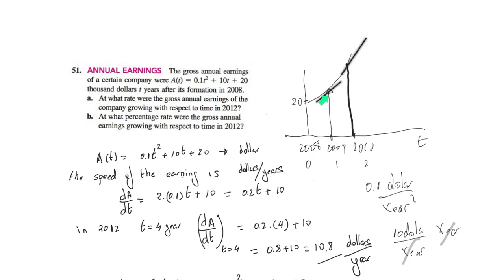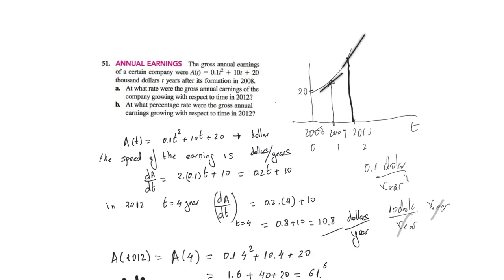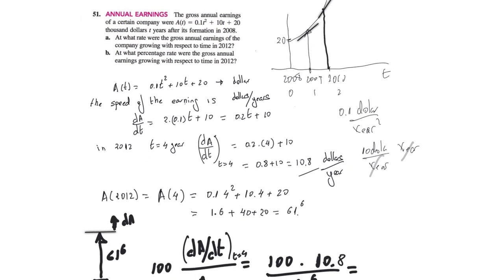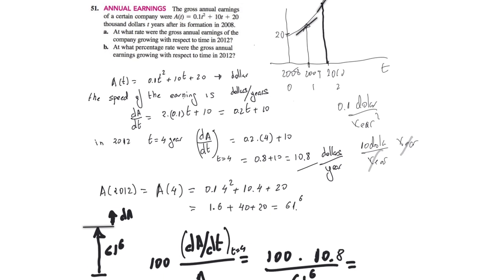What is the slope? The slope means, if you have to substitute the parabola with a rectilinear line, what will be the slope of the rectilinear line? This is a problem that we have discussed many times during the class. The question says, at what rate is the company's earning growing in 2012? From 2008 to 2012 is 4 years.